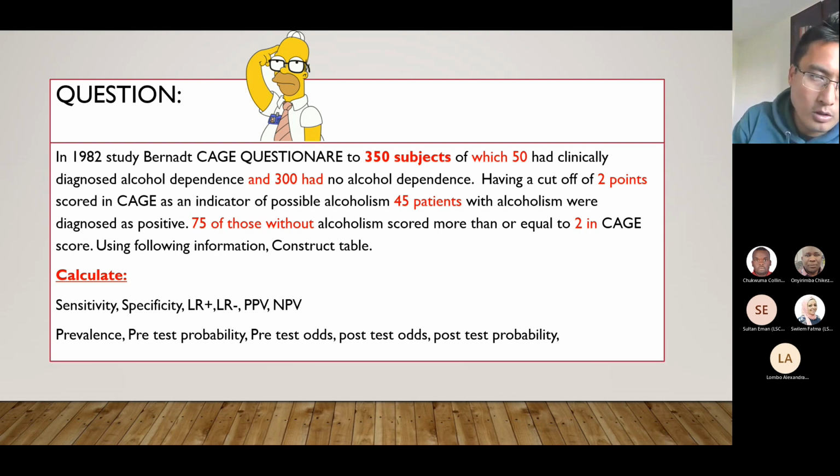Forget about all the calculation. Once you know the formula, you'll get it. The challenging bit is the 2 by 2 diagram. The trick is you always put the gold standard on the top, the diseased, and the rating scale on your side.